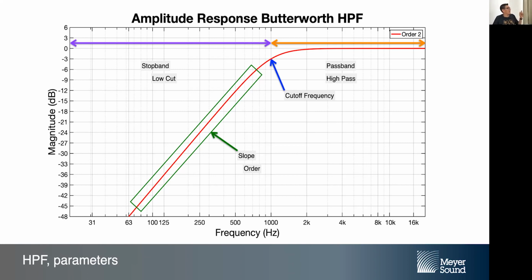If we go down, we have -3, -6, all the way to -48 dB.